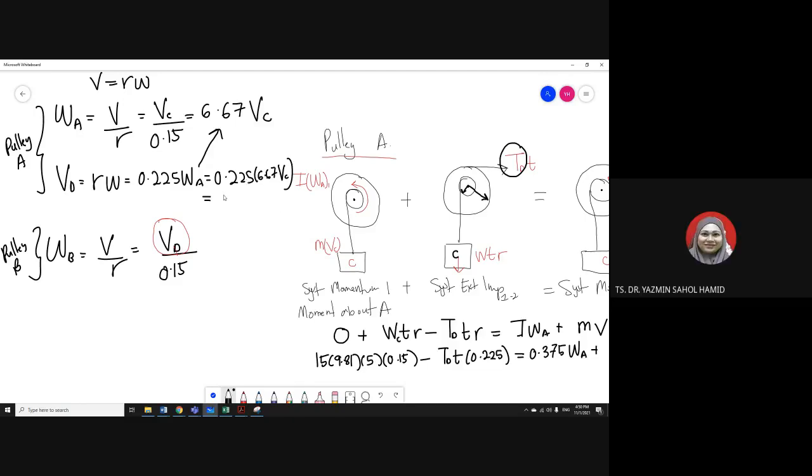Okay, so you get 1.5 VC. All you need to do is put it inside here, because this is VD. So 1.5 VC divided by 0.15, easily 10 VC.